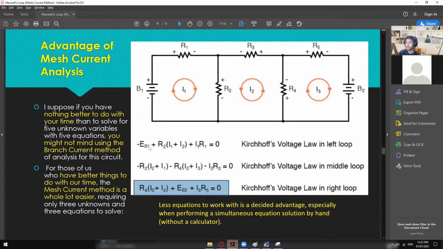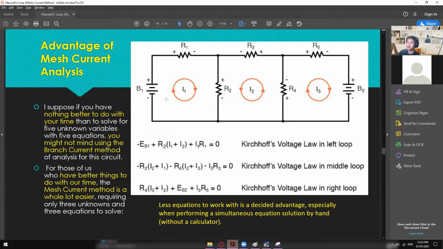So let's start with loop number one. The one that we've used is the entering polarity, so negative EB1, and then positive R2 times I1 plus I2. This one is quite confusing.